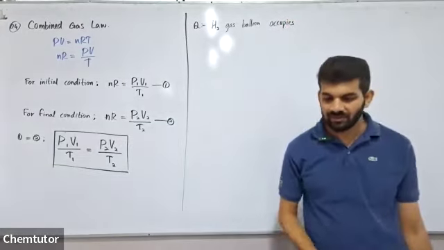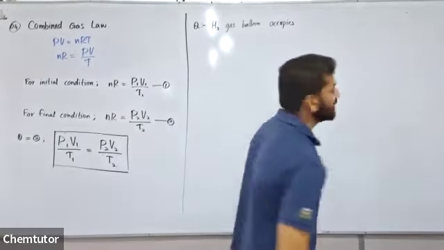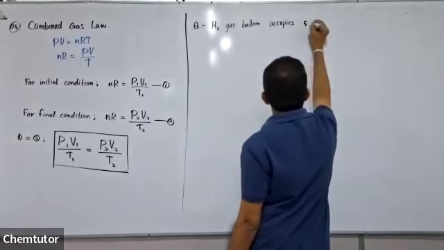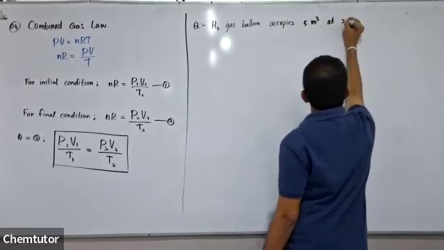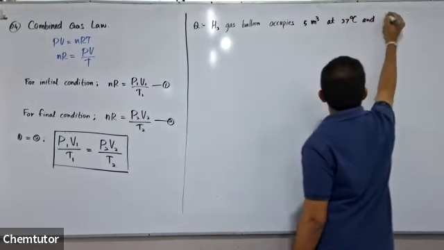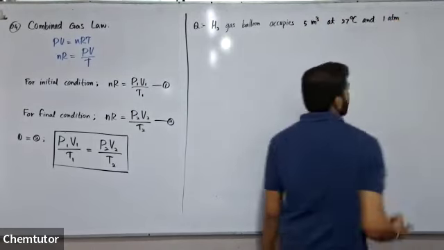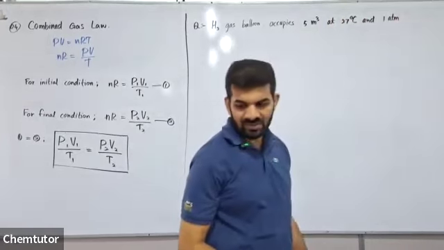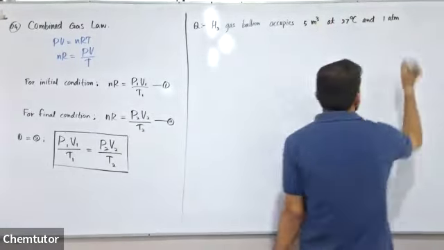So let's see a question. A hydrogen gas balloon occupies 5 cubic meters at 27 degrees Celsius and 1 atm pressure.